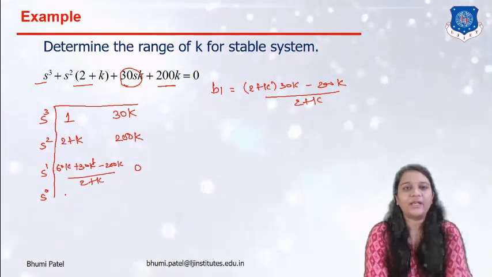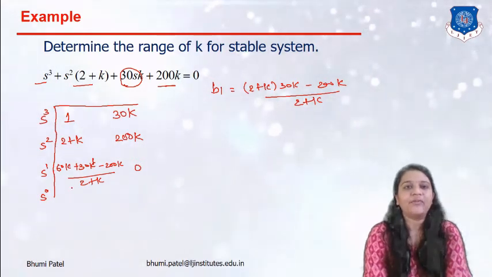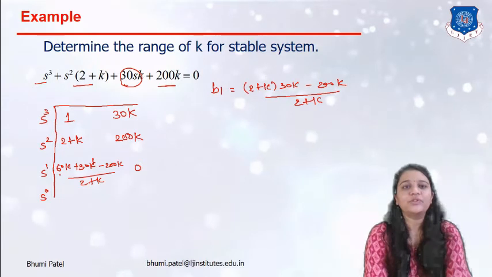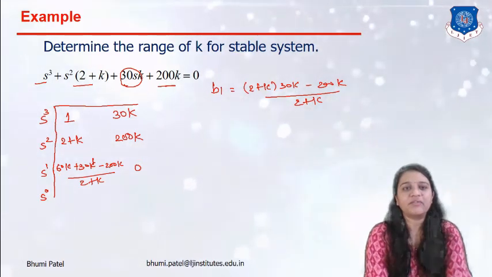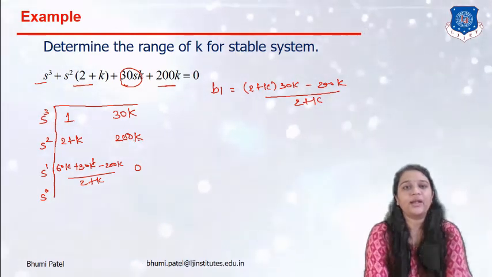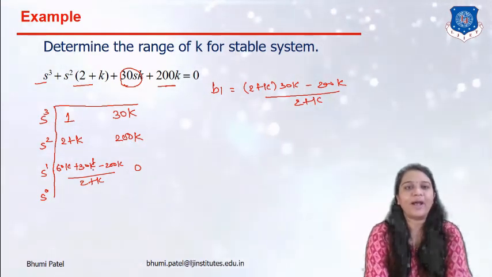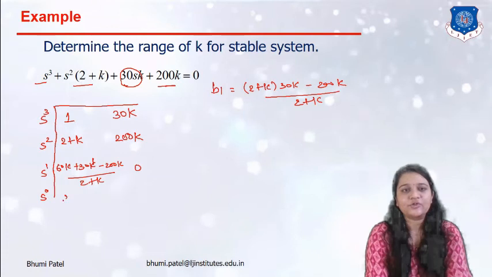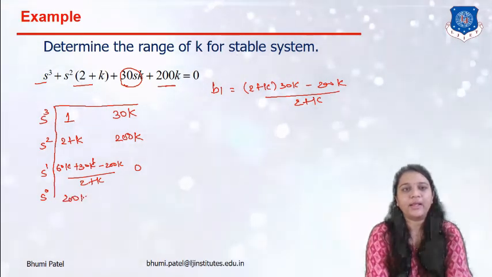Now we have to find the value of the next term, which is (60k plus 30k square minus 200k) upon (2 plus k) into 200k minus 0 divided by this term. So s raised to 0 will become 200k.